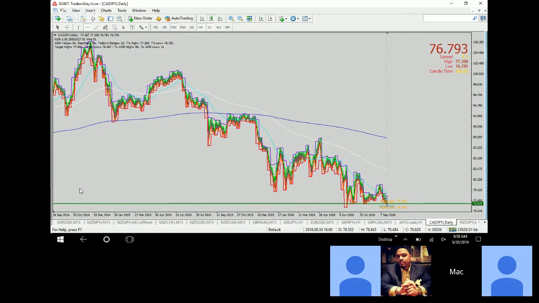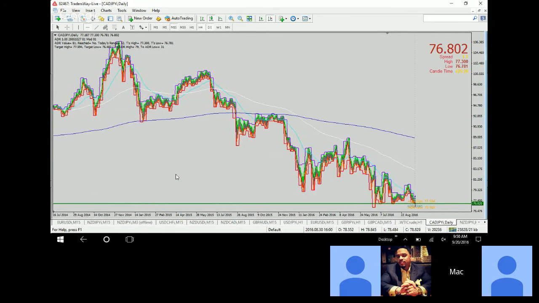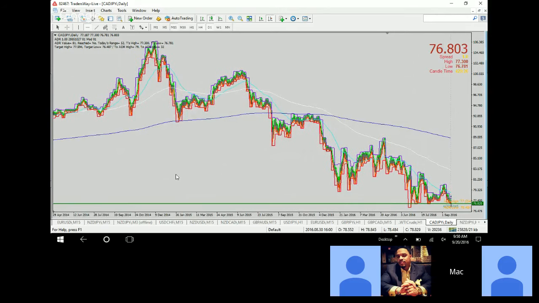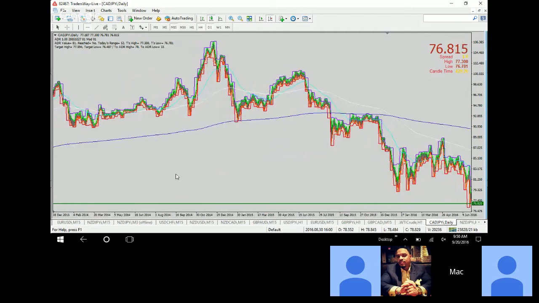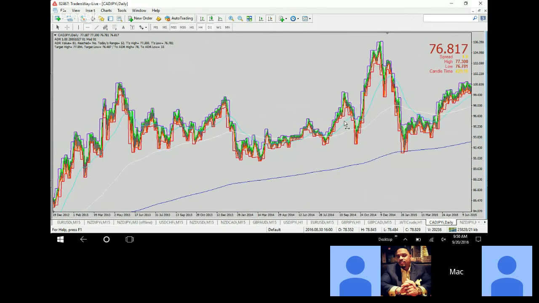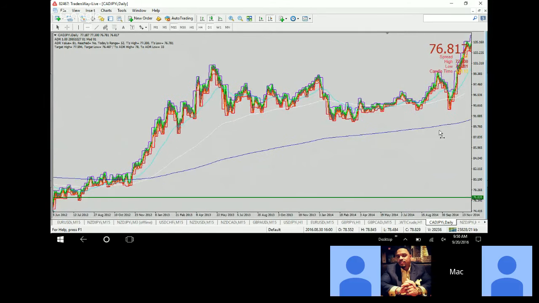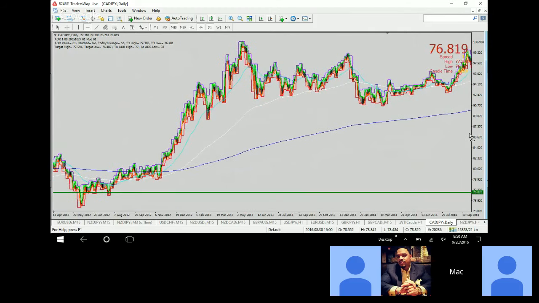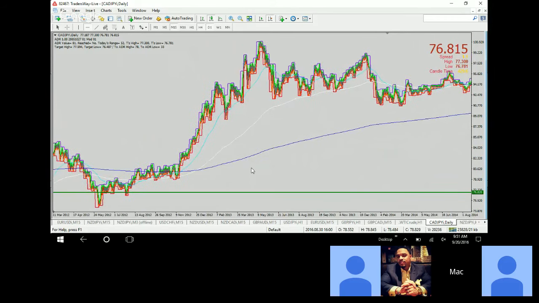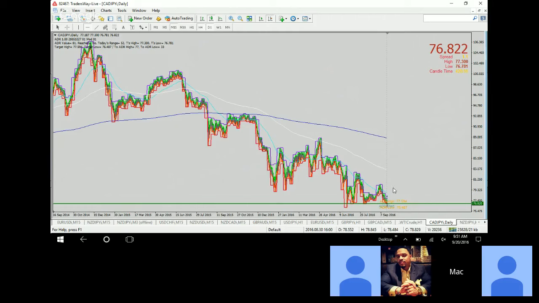Yeah, we're going all the way back to September 14th, and this price still hasn't been that low. All right, 2012 was in this area, and last time it was in that area, it shot up also. All right, so 76.82.